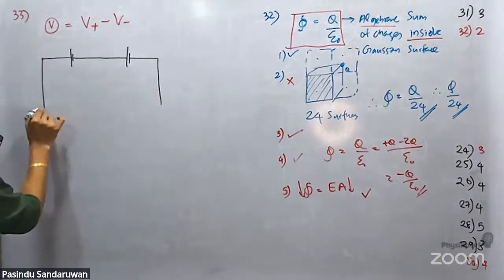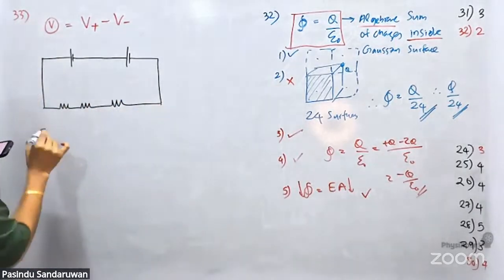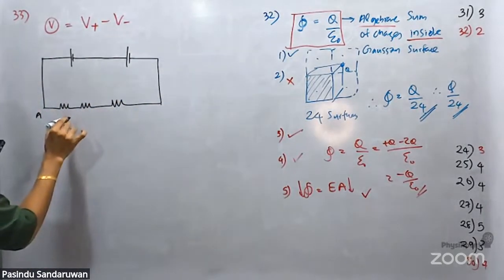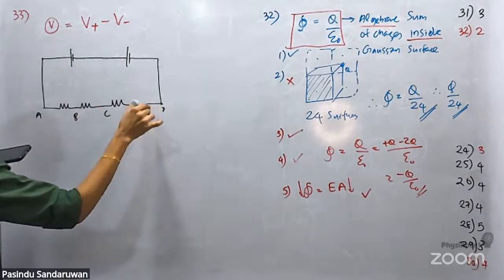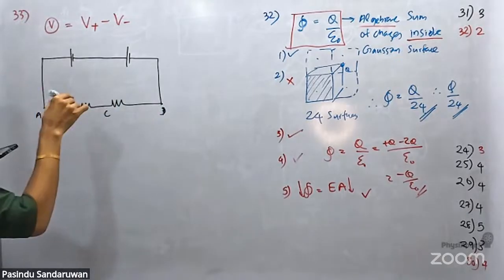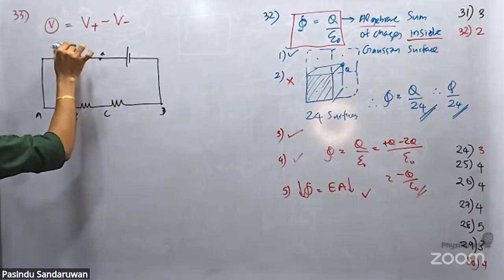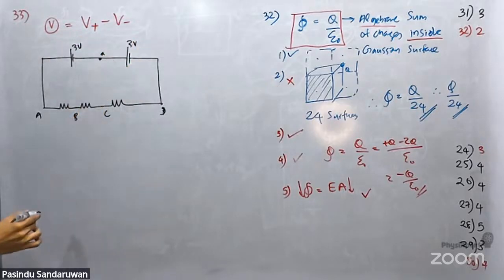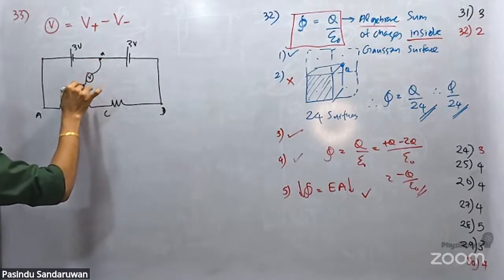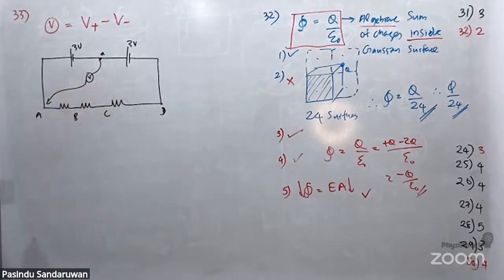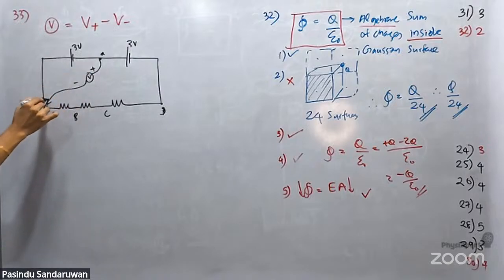Resistors 100, 200, 300, and points A, B, C, D and X, with 3 volt cells and the center 0 voltmeter. First it is kept at A like this.